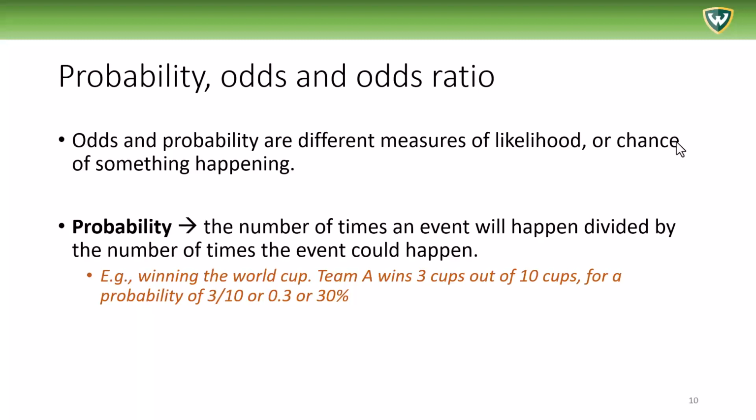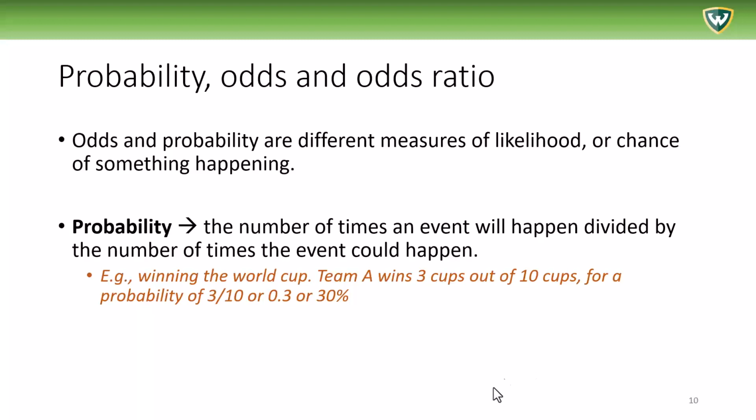So for example, of winning the World Cup, let's say Team A wins 3 cups out of the 10 cups that have existed that could be won. So that would give a probability of 3 over 10, or 0.3, or 30%.